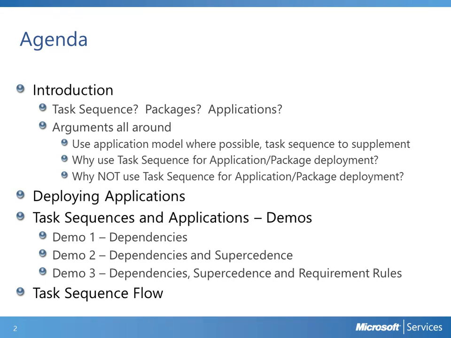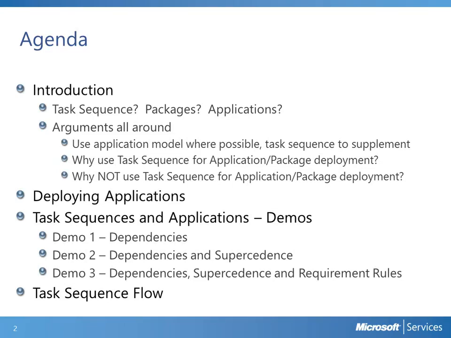If you really need total, complete flexibility over your deployment, then using a task sequence gives you that. All right. Task sequences can really help drive very complex deployments. So deployments where you want to use variables, conditionals to really drive the flow of the deployment, you can absolutely use task sequences for that.